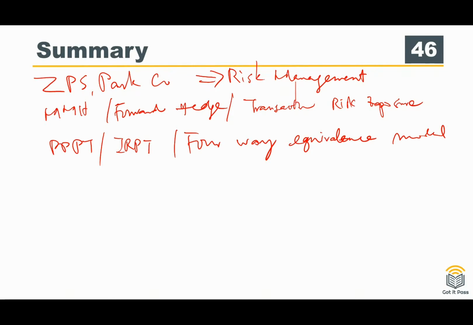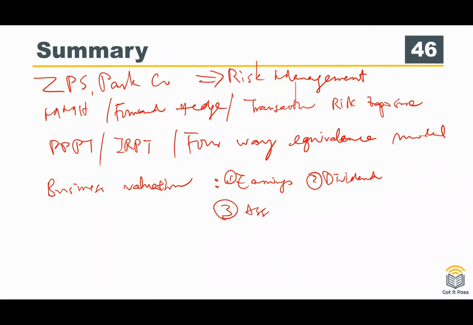We start the discussion about business valuation. For business valuation, we have four methods introduced here, including the earnings method, the dividend growth method, the asset method, and also the present value or discounted cash flow method.